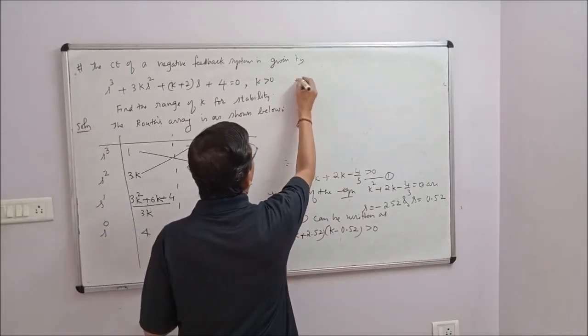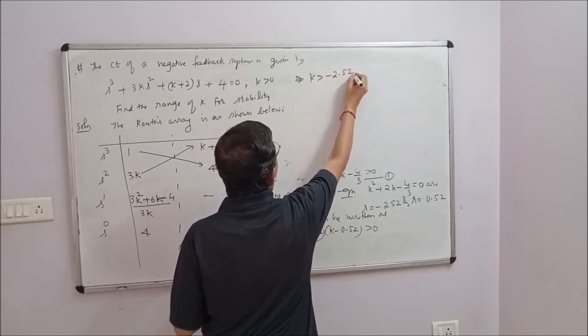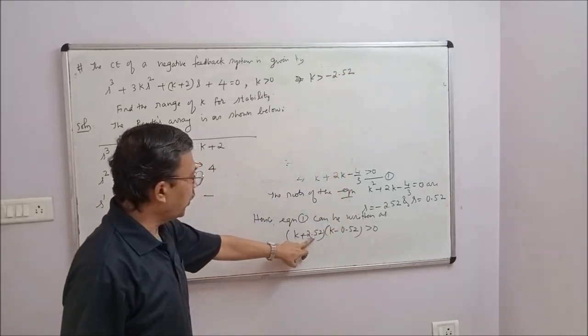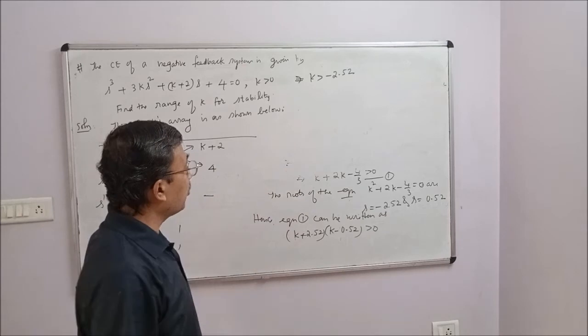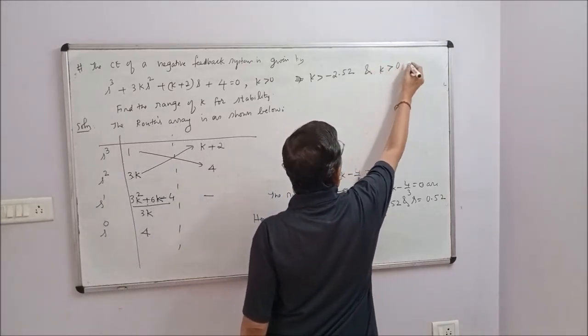This implies k greater than minus 2.52. K plus 2.52 greater than 0 means k greater than minus 2.52 and k greater than 0.52.